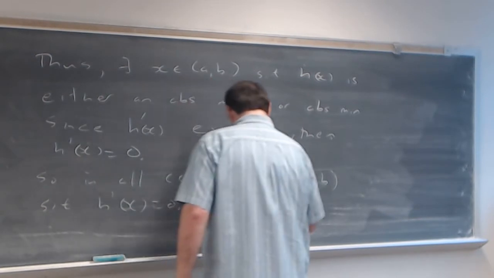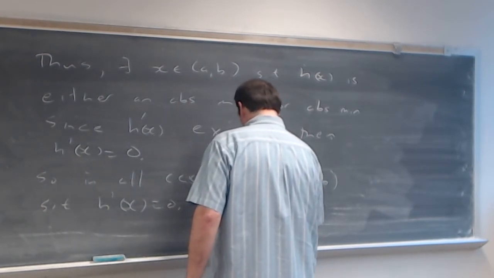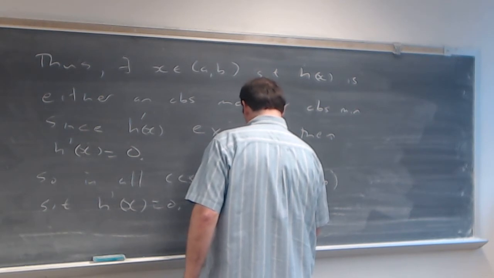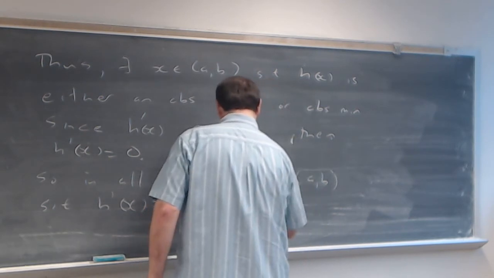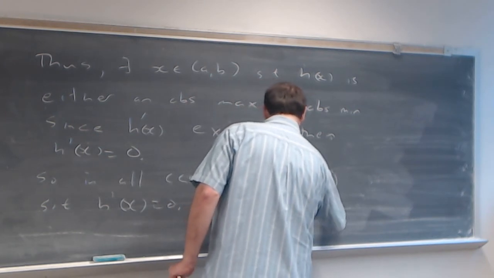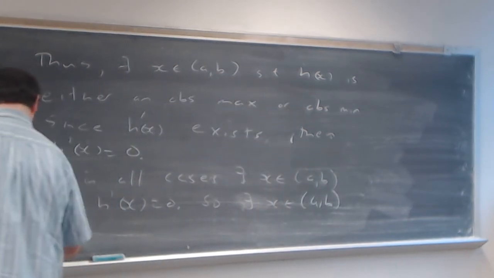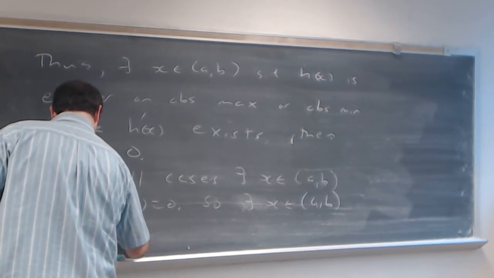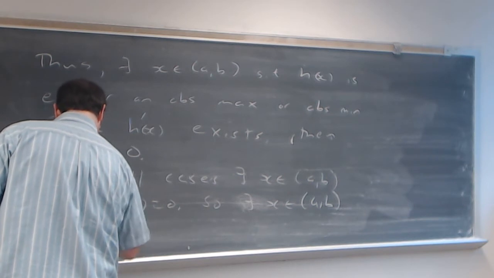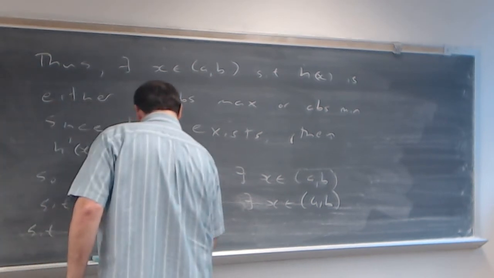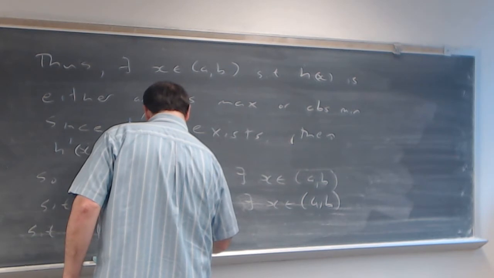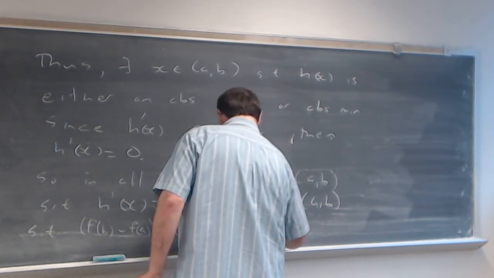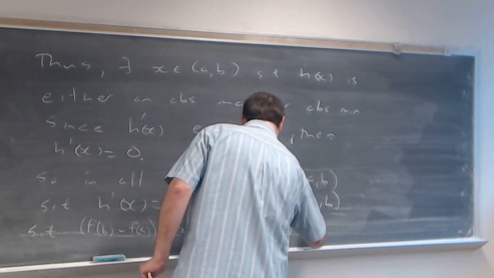So at that particular x, I'll say it this way: there exists an x element of A to B such that f of b minus f of a times g prime of x is equal to g of b minus g of a times f prime of x.